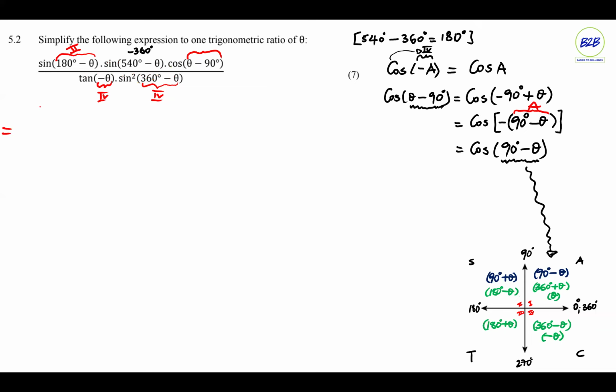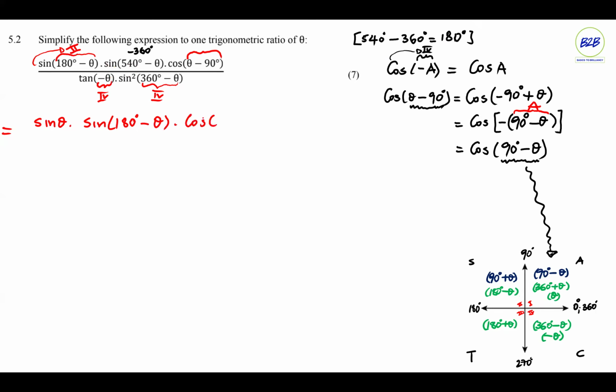We can start simplifying. Sine in the second quadrant is positive, so we have sine of theta. Sine, then in the place of 540, we replace it by 180 degrees minus theta.